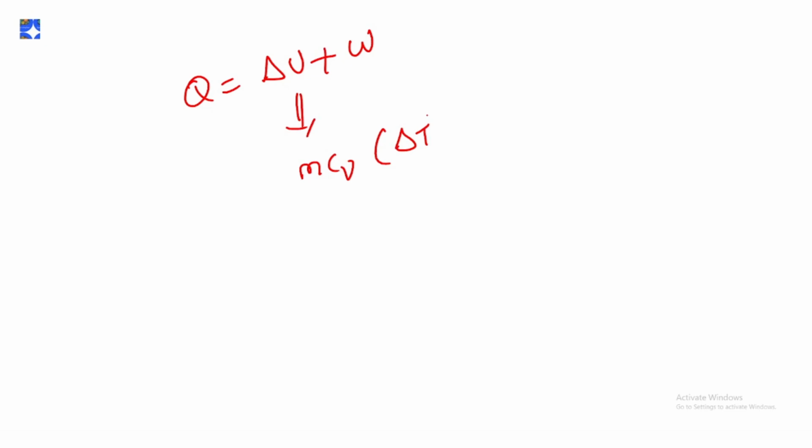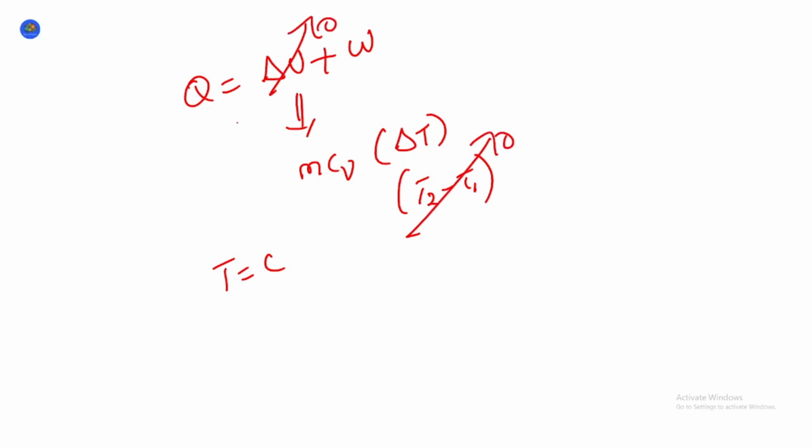So if you take the first law of thermodynamics, Q is equal to delta U plus W. And you know that delta U for any process is mCv delta T, and this delta T can be written as T2 minus T1, right? So if it is a constant temperature process, this term will vanish. So I can say that Q and W are equal, right? For constant temperature, Q is exactly equal to the work.